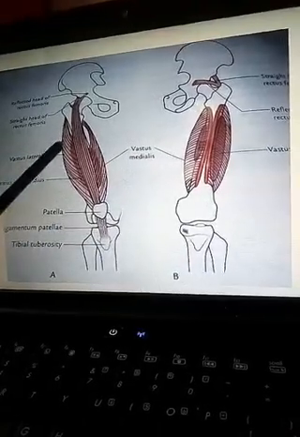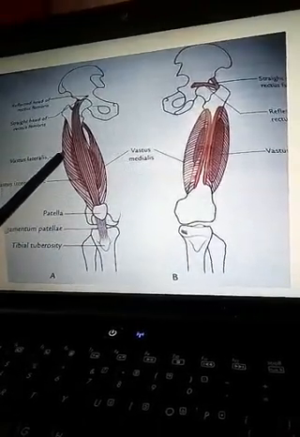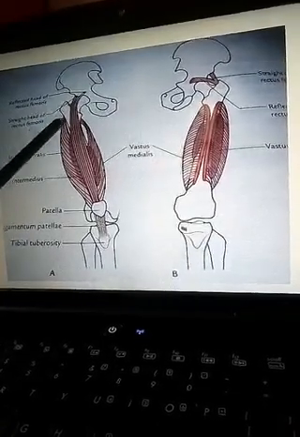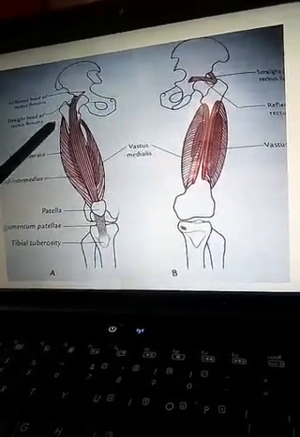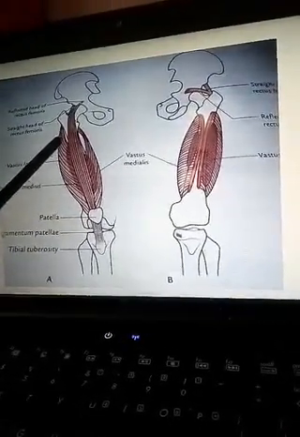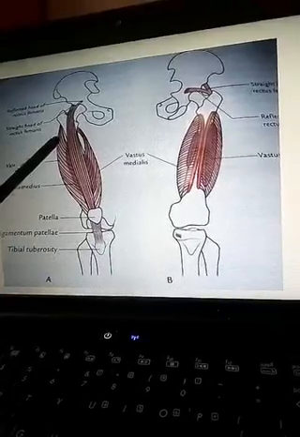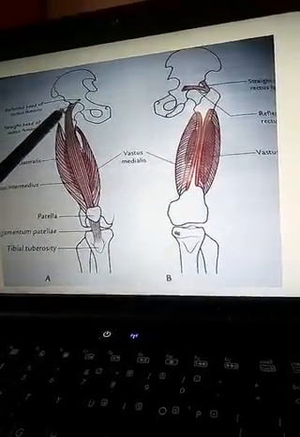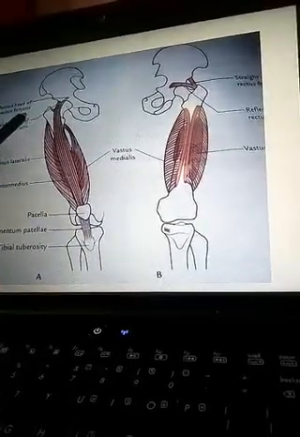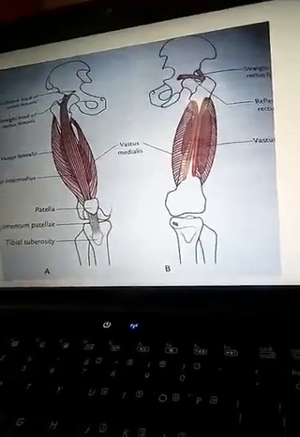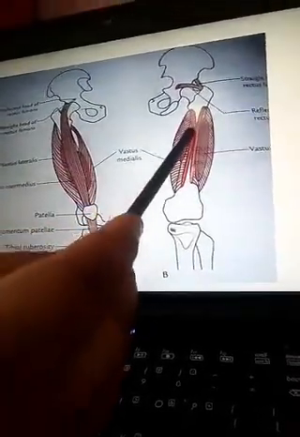Now the vastus lateralis. It takes a linear origin and aponeurotic origin from the upper part of intertrochanteric line, anterior and inferior borders of the greater trochanter, lateral lip of the gluteal tuberosity, and upper half of the lateral lip of linea aspera.